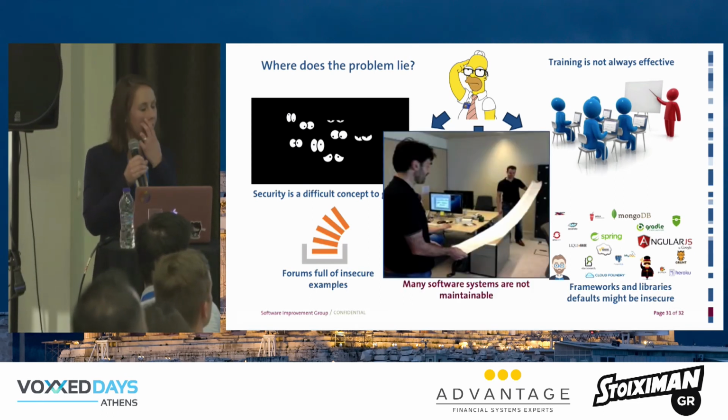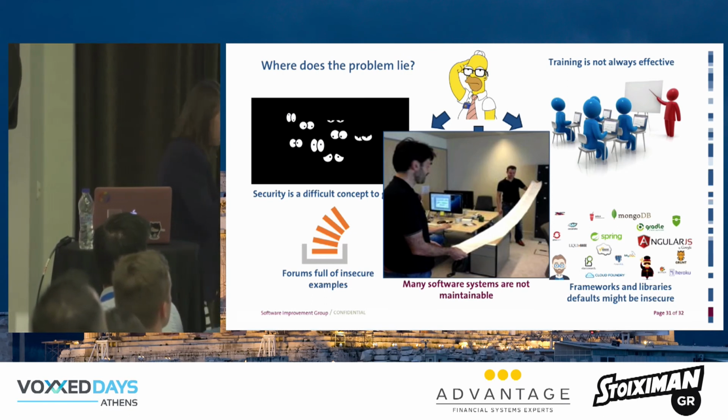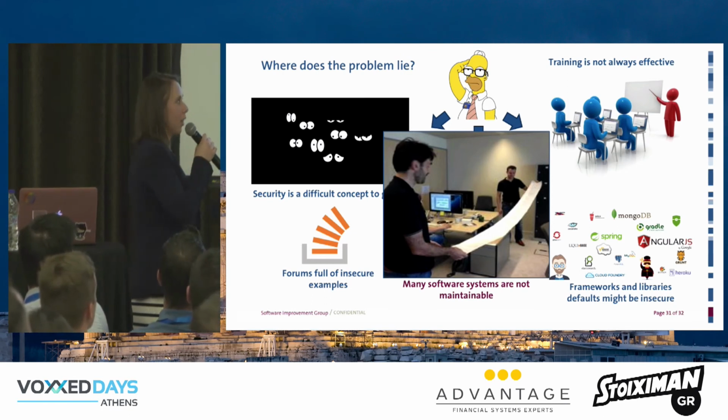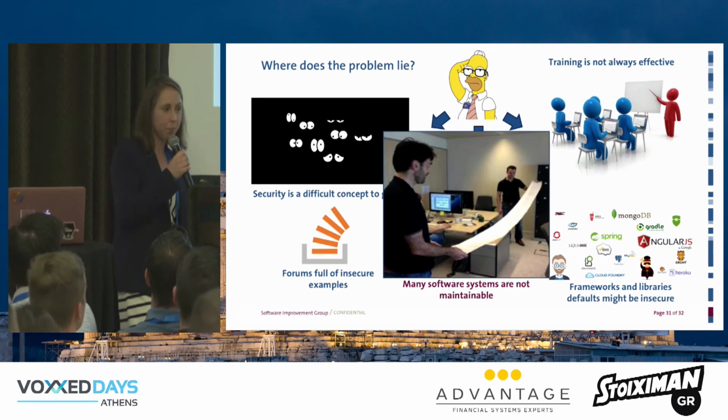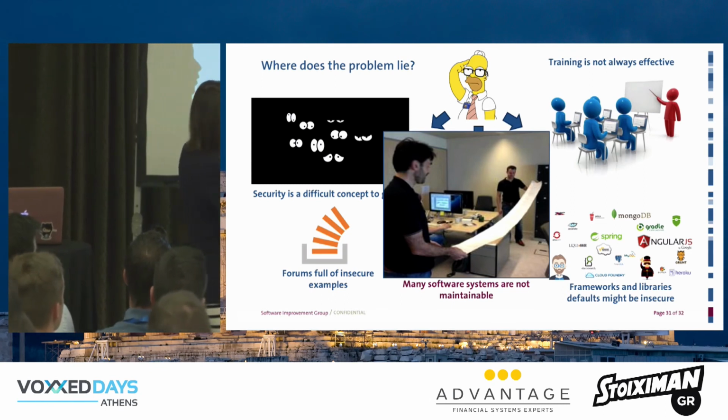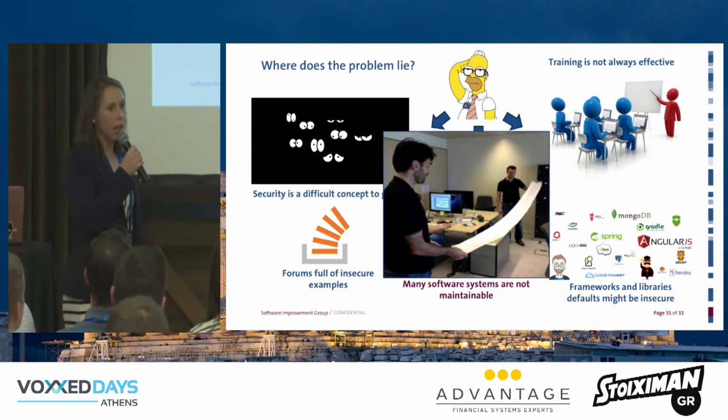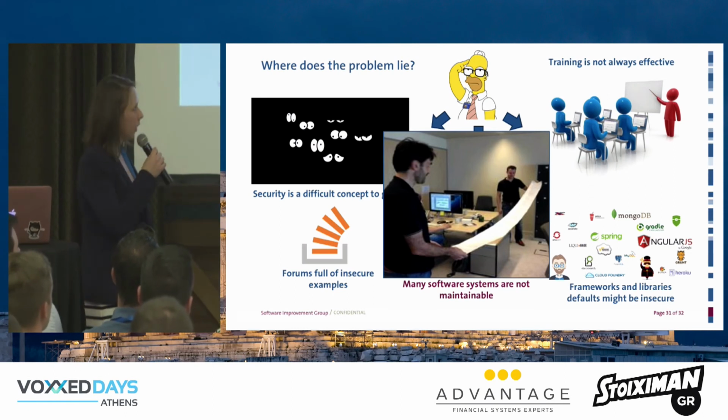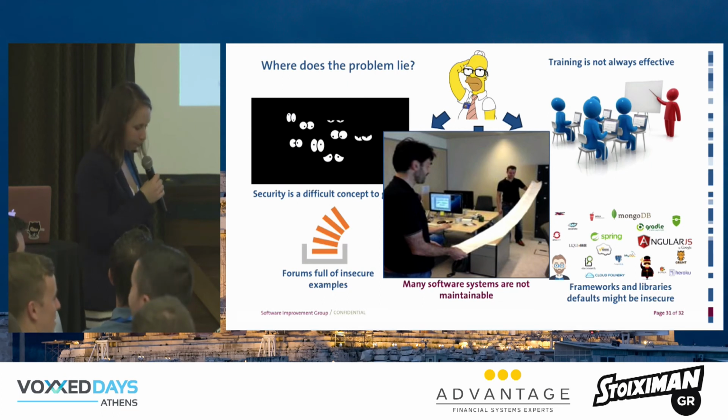And many systems are not really maintainable. So in the picture, you see two of our colleagues looking at a function. This is a function that was printed out on paper.